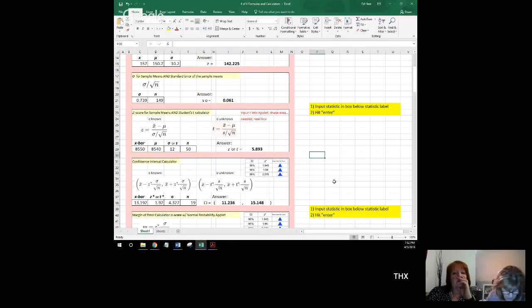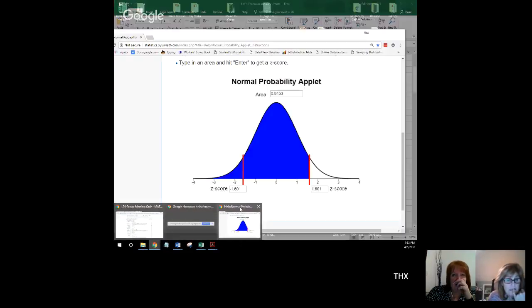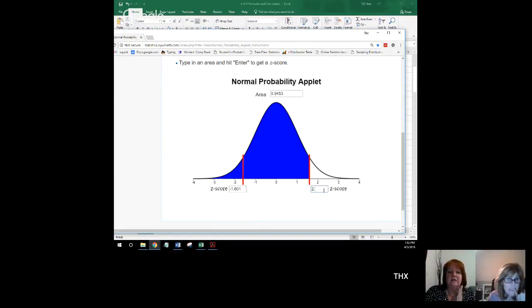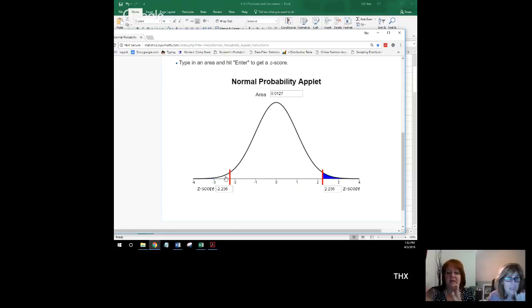So what was our answer? We put 0.987, which is less than one standard deviation away. So the probability is a little bit to the left of the mean and everything to the right, correct?